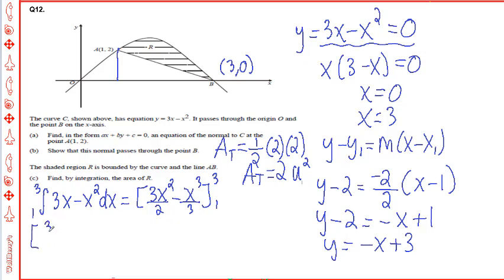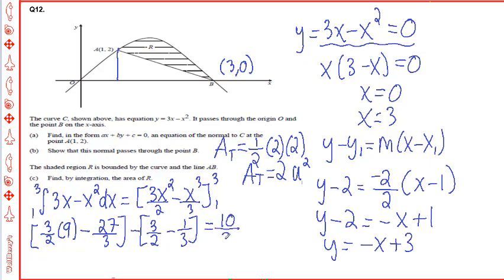So it becomes 3 over 2 times 3 squared, which is 9, minus 3 to the power 3 is 27 over 3, that's 9. Minus, substitute 1. 3 over 2 times 1 is 3 over 2. Put 1 in there, becomes 1 over 3. Plug all these numbers in, and you get a value of 10 over 3.